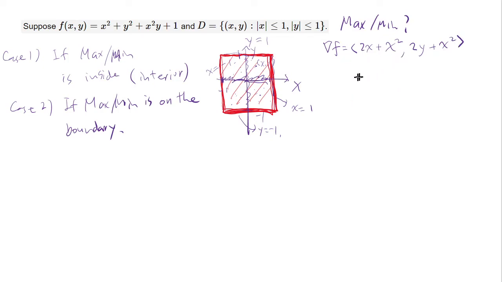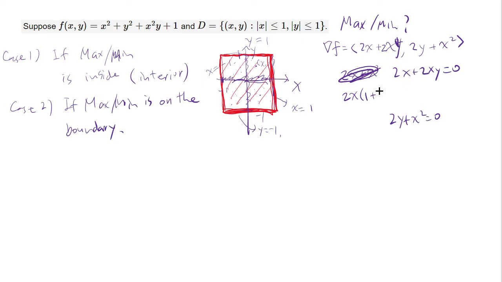Okay, now we set that equal to 0, so either 2x plus x squared, sorry, this should have been 2xy. I made a mistake. So either 2x plus 2xy has to be 0, or 2y plus x squared must be 0. Now this can be factored by 2x.